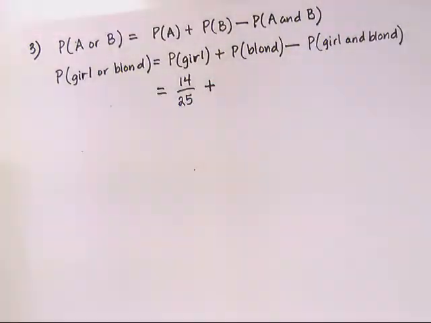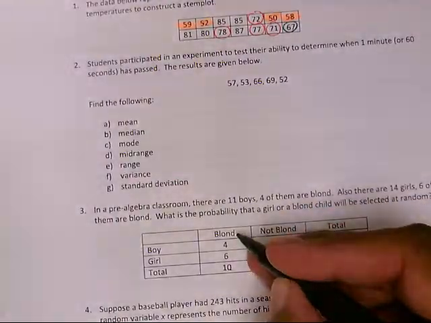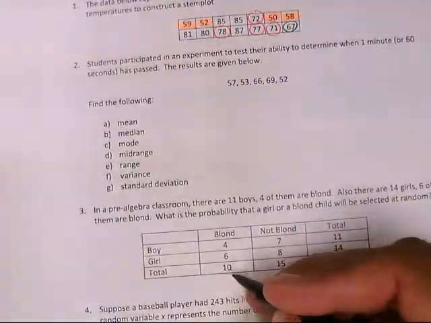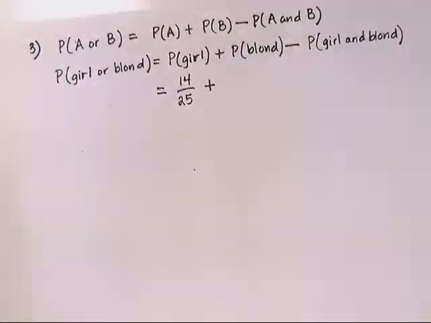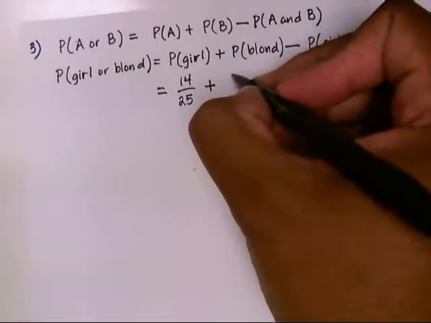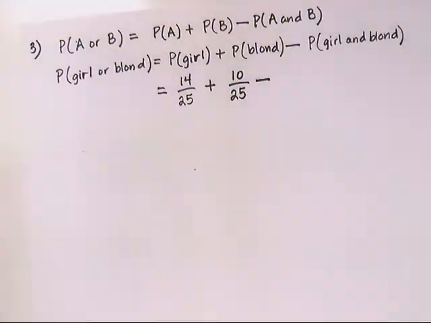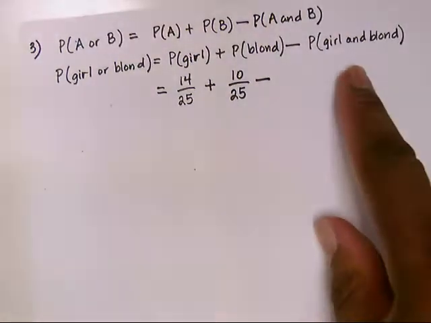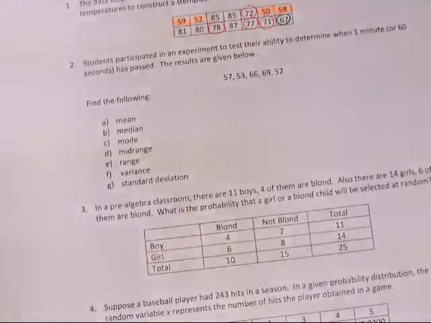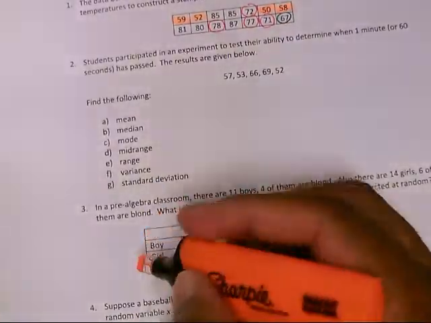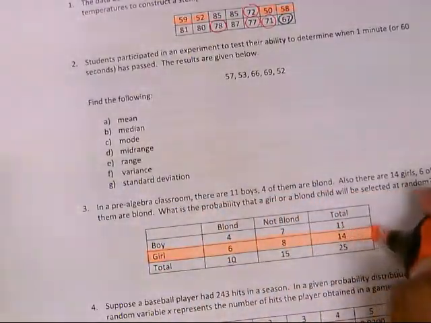And then plus the probability of selecting a blonde. Well, here we go with blonde. The total number of blonde children would be 10 out of 25. So the probability of selecting a blonde would be 10 out of 25. And then we subtract off the intersection of a girl and a blonde. Well, by looking at this, here's the probability of a girl. That's this row.